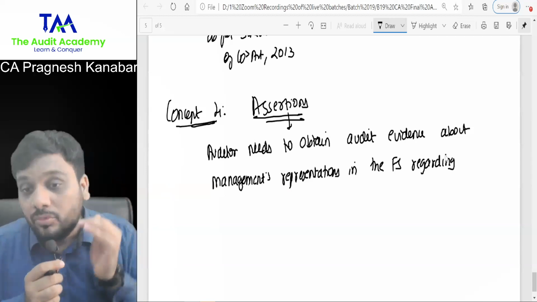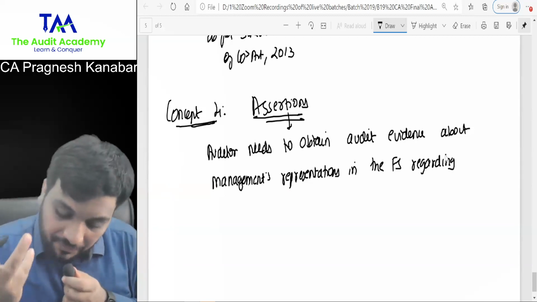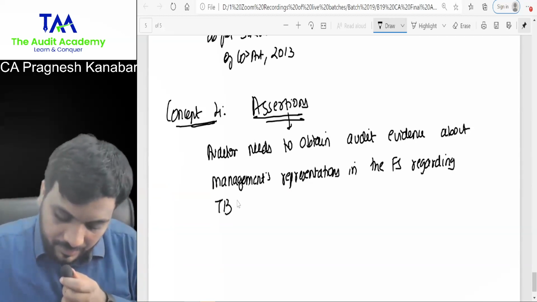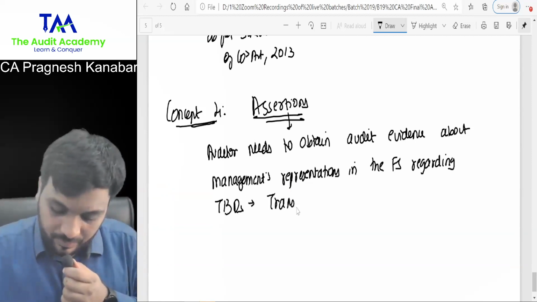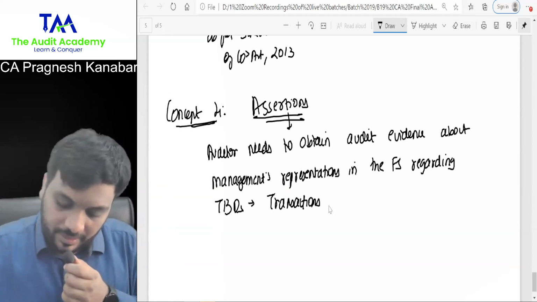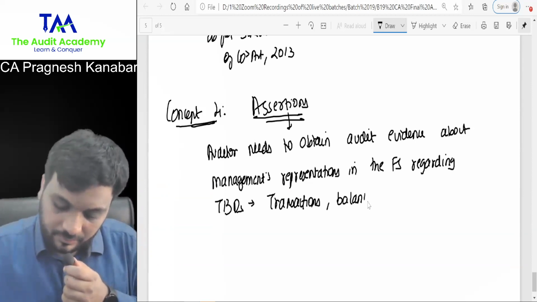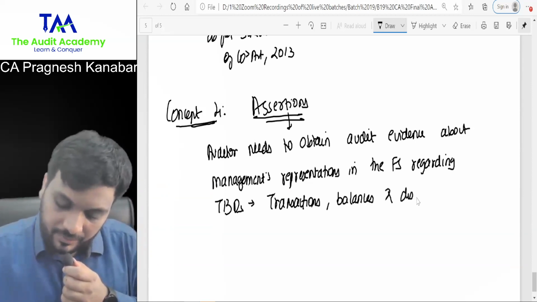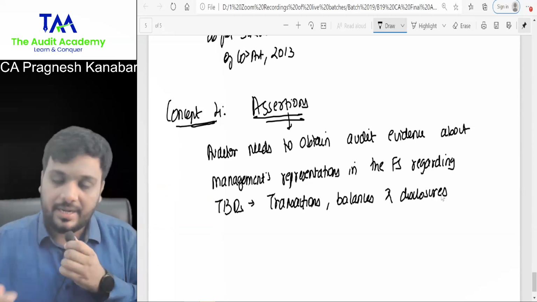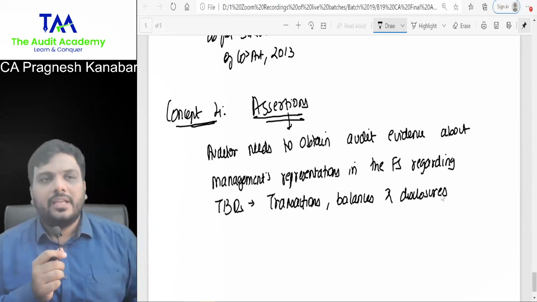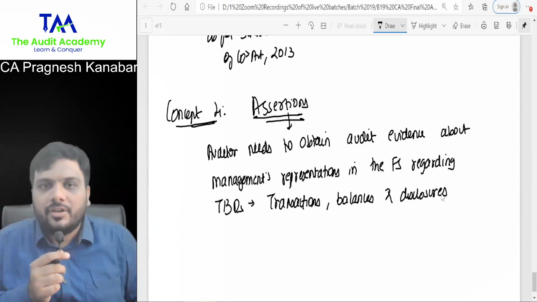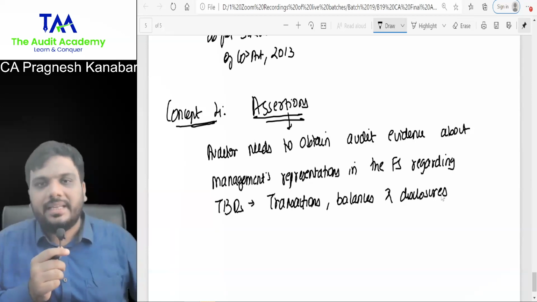But if I want to be more specific, what is there in the financial statements regarding TBDs? Transactions, balances, and disclosures. Tell me, at the end of the day, what is there in the financial statements? Financial statement is just a collection of TBDs: transactions, balances, and disclosures.